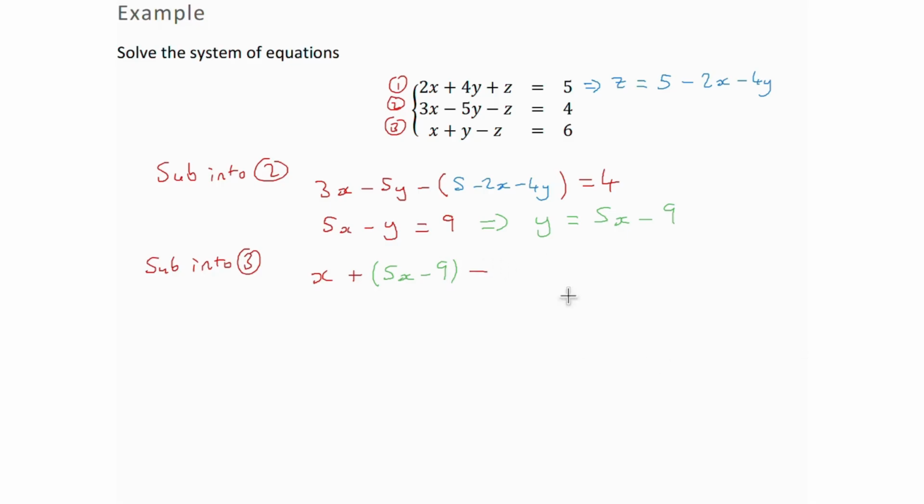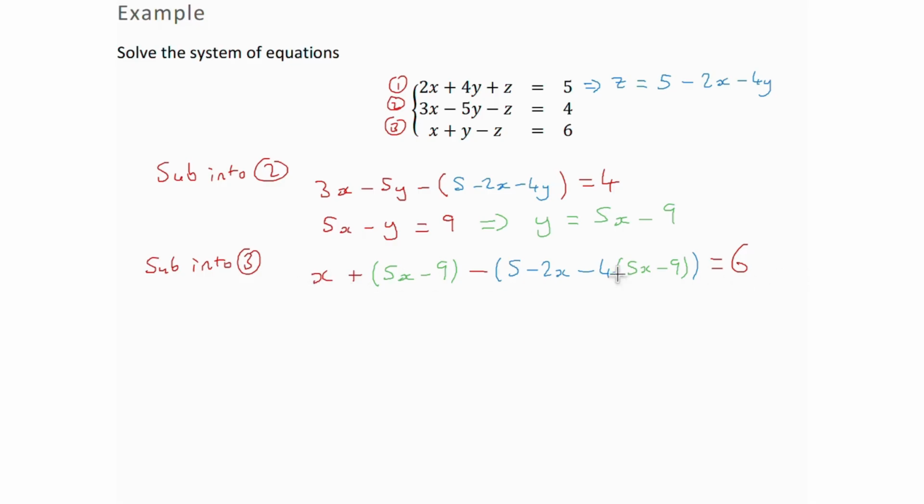And then we have minus z, but instead of z, we're going to write 5 minus 2x minus 4y, but instead of y, we're going to write 5x minus 9. And all of that is still equal to 6.